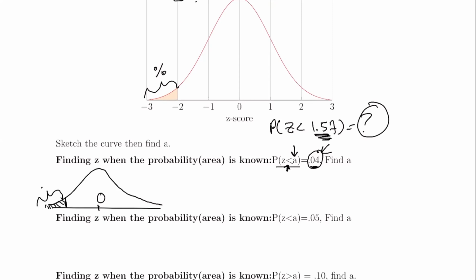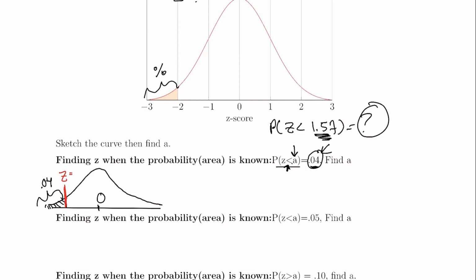So I know the percentage, but I want to find out what is the Z-score that corresponds to that percentage. What is this Z value equal to? Right now we don't know, and that's what we're going to hopefully find out once we're done with this portion. All right. Any questions so far on what we're doing?